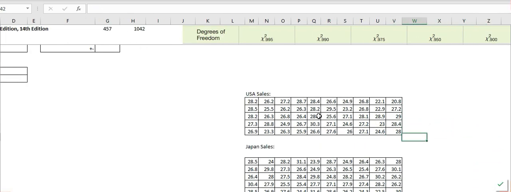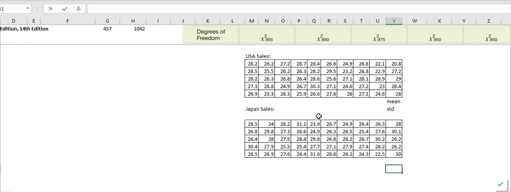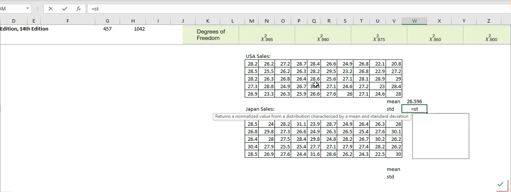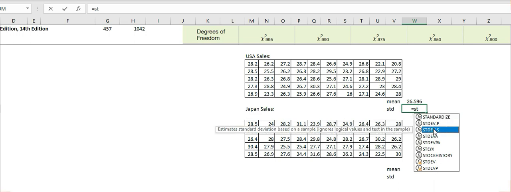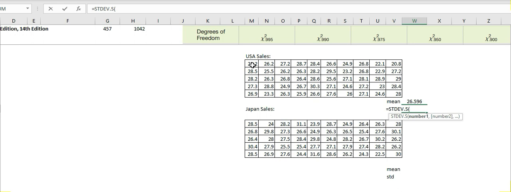So here is the sample mean. That's the average, and for this one we'll use STDEV.S because this is sample data.